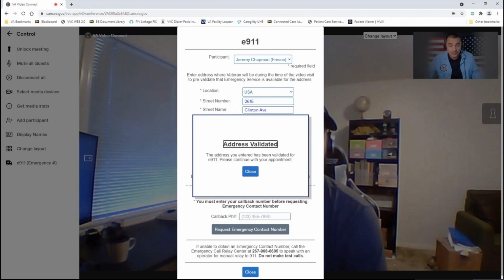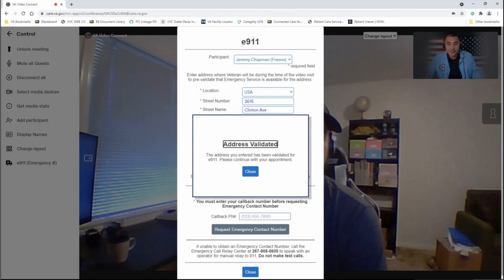If the veteran has a number, I would ask for it and he would give it to me. Again, this is in a scenario where the address that they provide is not covered by E911 services. The other alternative is if I try to pre-validate the address and I get a message on my screen that says this address does not have E911 services, it'll provide me what we call an emergency call relay center number.